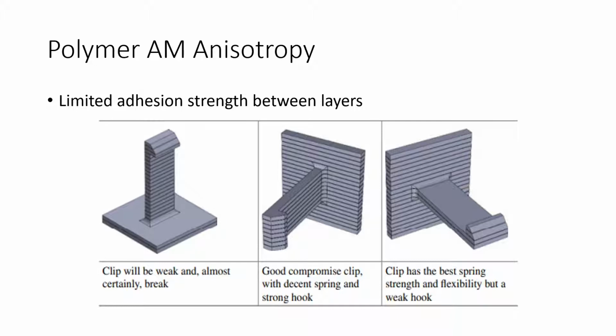There's limited adhesion between the layers here because of the method, so this first option is likely to break very easily. The middle option actually seems to be the best option, whereas the last one would probably break where it is mounted.